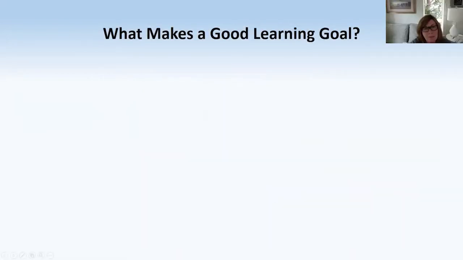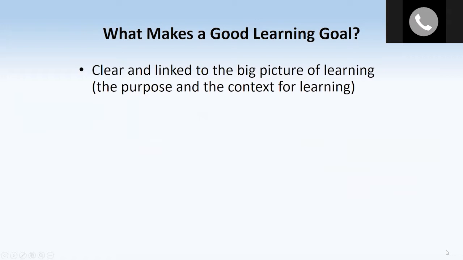So I want to remind you, and you heard this already, but I think it bears repeating, about the criteria for a good learning goal. The first one, which I mentioned in the face-to-face, was that the learning goals are clear and they're linked to the big picture of learning. And that's a lot of what we've been talking about today, that big picture of social studies learning.